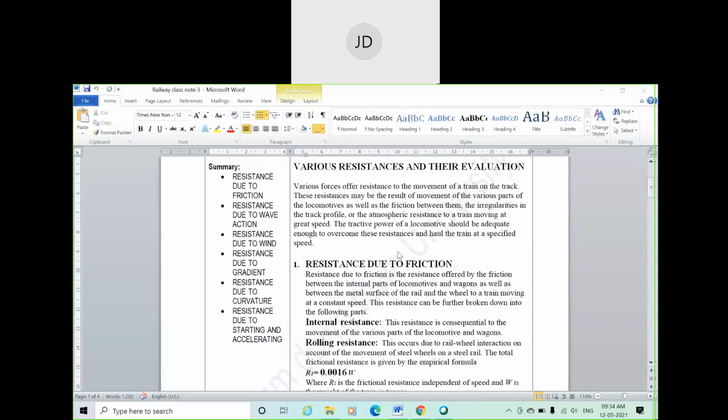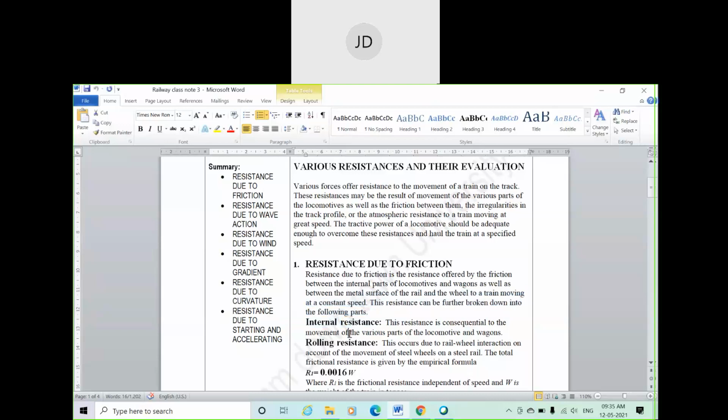Resistance due to friction. Basically, friction is divided into two parts: one is internal friction, another one is external, or you can say rolling friction. Resistance due to friction is the resistance offered by the friction between the internal parts of the locomotive and wagon, as well as between the metal surface of the rail and wheel of a train moving at a constant speed.